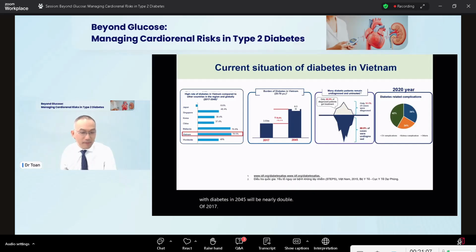Unfortunately, only about 31% of cases are diagnosed, leaving nearly 70% undiagnosed. Among those, only 34% suffer cardiovascular.